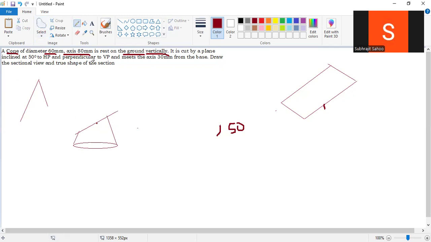It is given: draw the sectional view and true shape. Unfold is not required, sorry. After cutting, the remaining portion is this one. For this remaining portion, you have to draw the sectional view and true shape here.